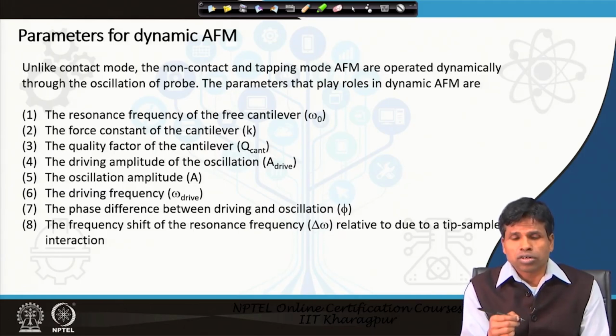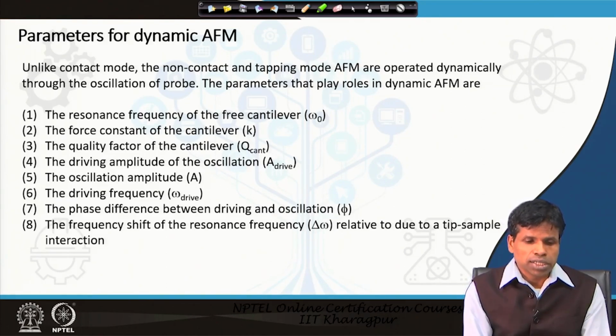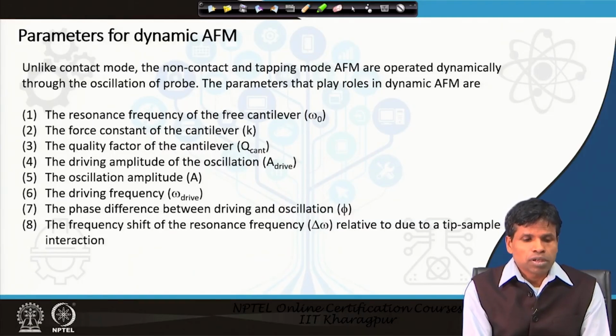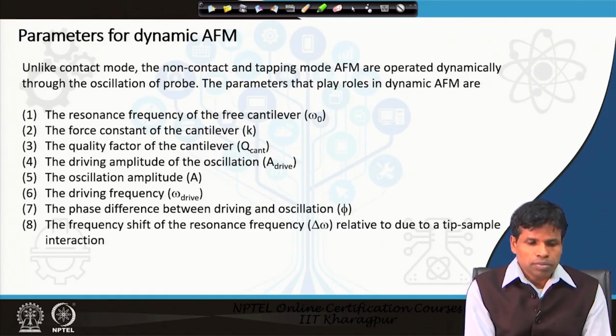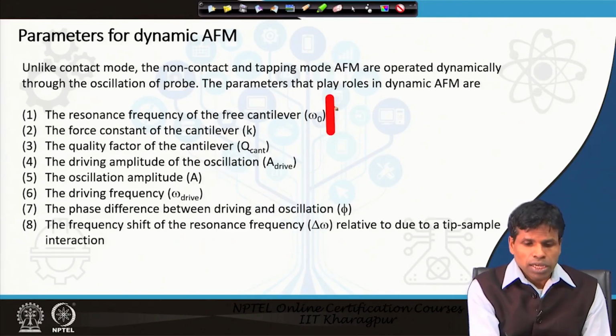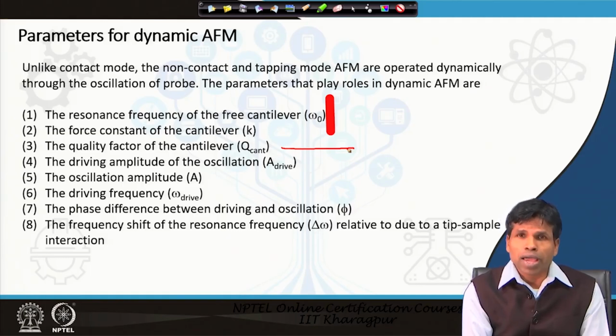As the oscillation occurs, we have several parameters that play a role in the oscillation, that includes the resonance frequency of the cantilever, the force constant of the cantilever, and the quality factor of the cantilever. Particularly, the first two depend on the cantilever, and the third one depends on both the cantilever and the environment in which the cantilever operates, particularly in vacuum.